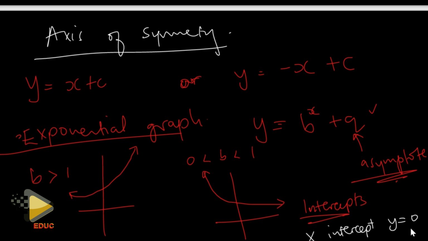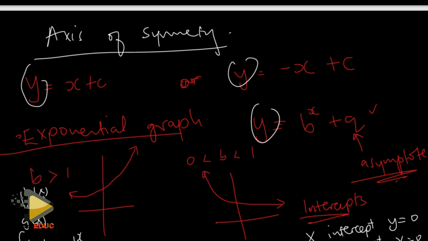And for us to get the y-intercept, we always let x be 0. Now, in grade 11 and upwards, instead of saying y is equal to this, y is equal to that, these are changed into the normal function notation, whereby we talk of f of x given as b to the x plus maybe a q, g of x, h of x, k of x, and so on. We just need to pay attention to that, because f of x simply means y.